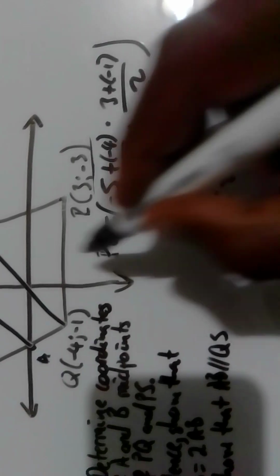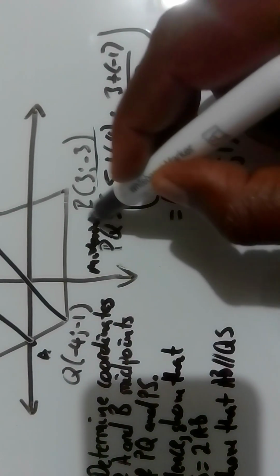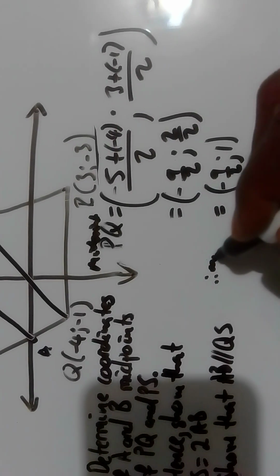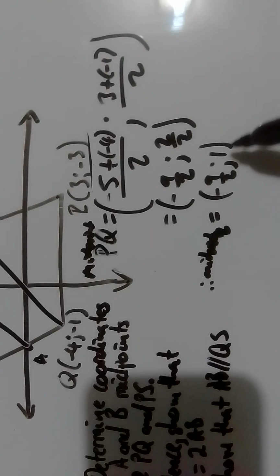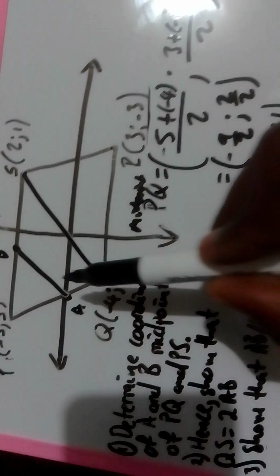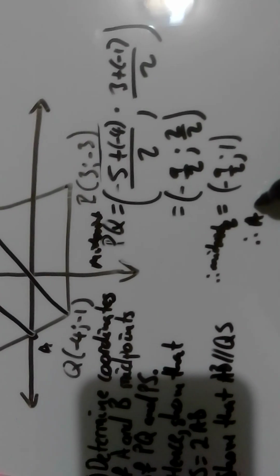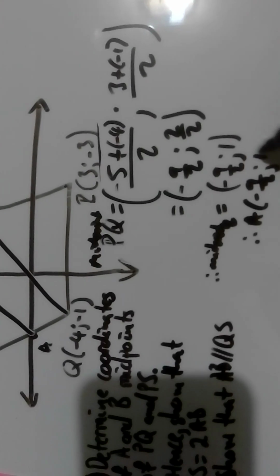Now this is the midpoint of line PQ. So we say therefore the midpoint of PQ is equal to these coordinates. But remember, we were told that we should use coordinate A. So therefore A is x = -9/2 and y = 1.